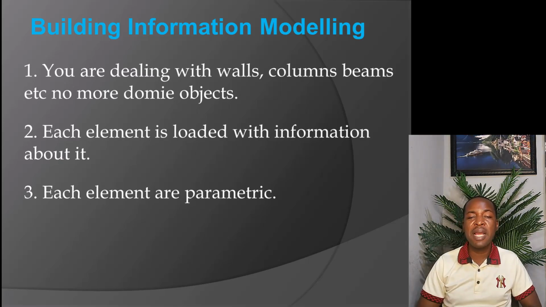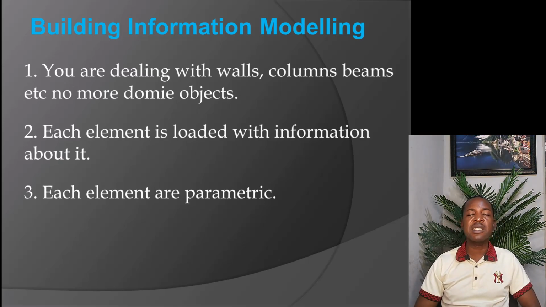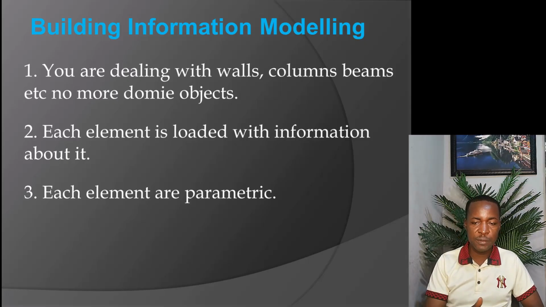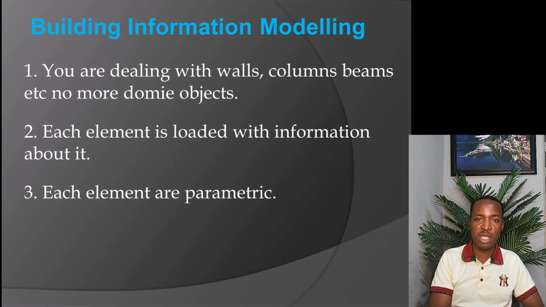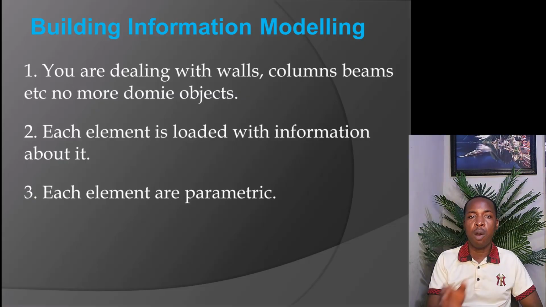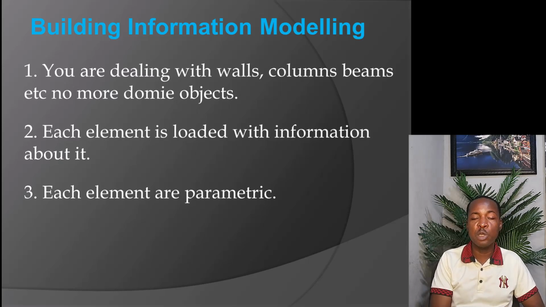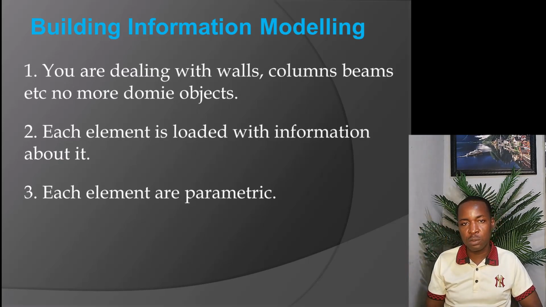Each element is parametric. This means that each element in BIM has a dimension attached to it, and that means if you change the dimension, the element itself will change, and if you change the element, the dimension will automatically change. It's not like AutoCAD or the drawing produced on a drawing board, where if you change the element, you have to go and change the dimension.